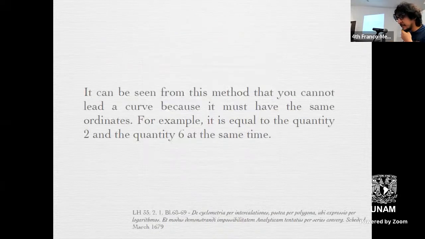So it can be seen from this method that you cannot lead a curve, because it must have the same ordinate. For example, it is equal to the quantity 2 and the quantity 6 at the same time. So in this attempt, it seems that Leibniz has the intuition, like Wallis, that it is impossible to find such curves.